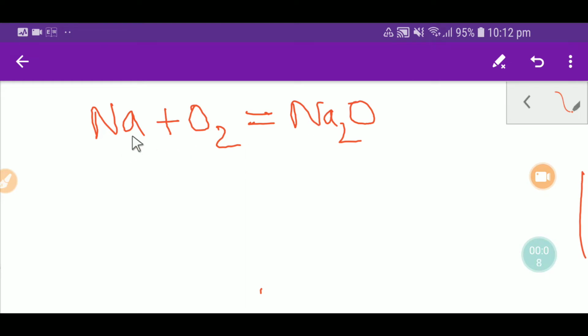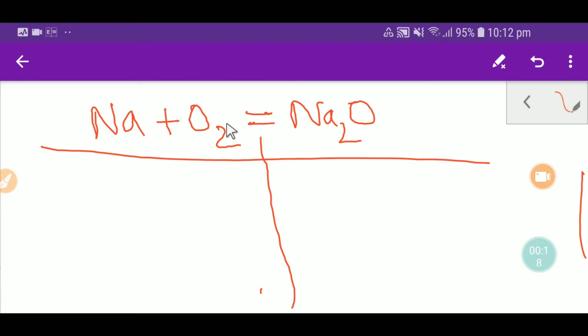This is sodium, this is oxygen, this is sodium oxide, right? Okay, to balance this reaction I can draw a table like this, right? Okay, on the left hand side or reactant side we have here 1 sodium, here we have 2 oxygen, right?